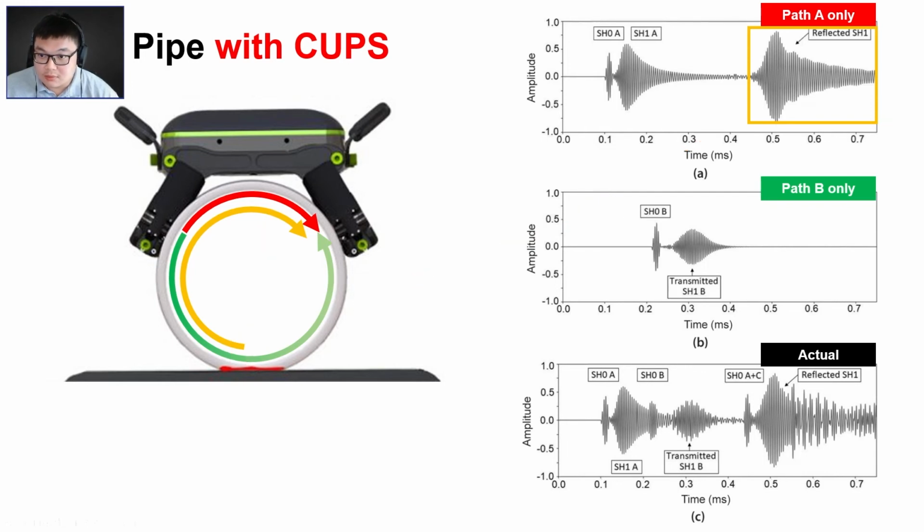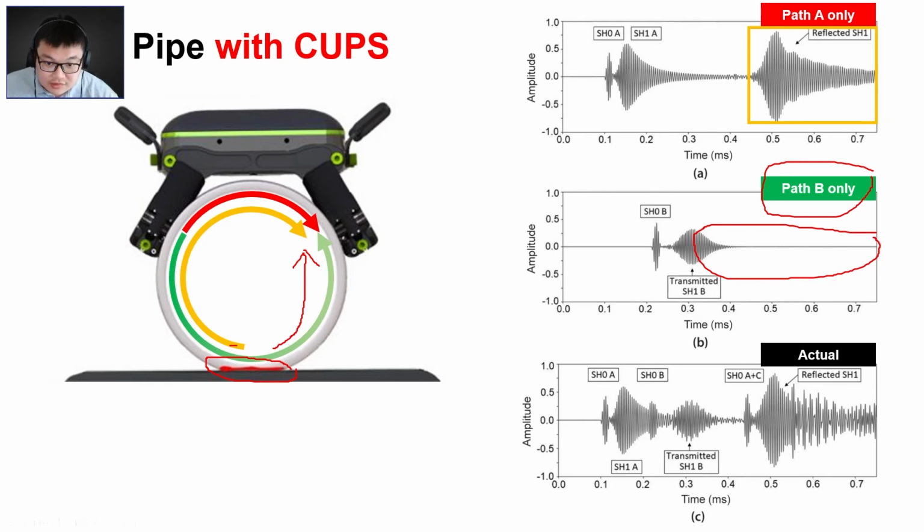If we look at the B path, we notice that the shape of the signal has changed. This is because of a filtering effect. The defect over here is only allowing high frequency signals to go through, and the low frequency signals are being reflected back. We will see that more clearly in the frequency domain.